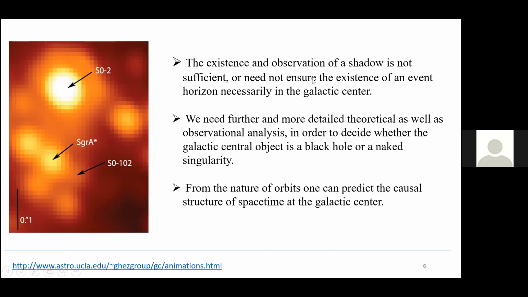The existence and observation of a shadow need not ensure the existence of an event horizon in the galactic center. So we need further and more detailed theoretical as well as observational analysis to decide whether the galactic central object is a black hole or another exotic compact object such as a naked singularity or gray star. From the nature of the orbits, one can predict the causal structure of the space-time at the galactic center.